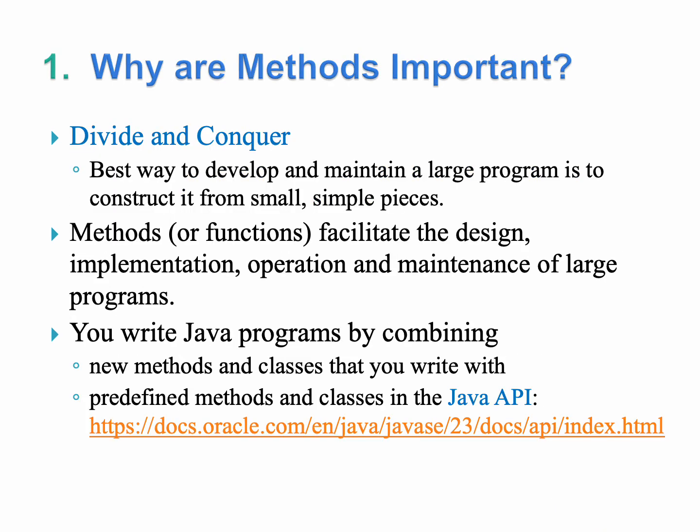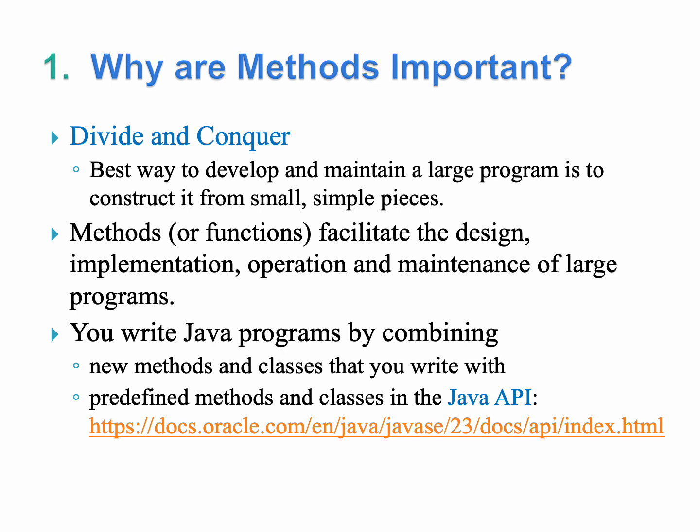Let's begin with the question, why are methods important in Java programming? We know that the best way to develop and maintain a large program is to construct it from small, simple pieces. This technique is known as divide and conquer. Methods or functions support the divide and conquer technique.